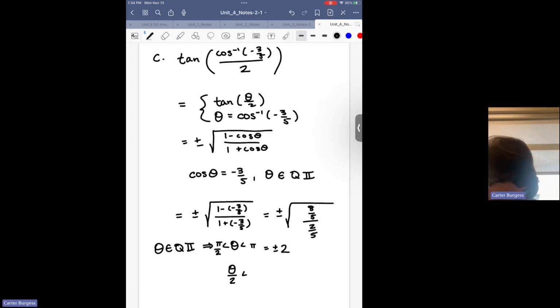Yeah, it's just pi over 2. It is half of whatever that upper bound is. Likewise, if the lowest that theta can get is pi over 2, then what is the lowest that half of theta can get? Pi over 4. It is just half of that lower bound. We are just dividing everything by 2.